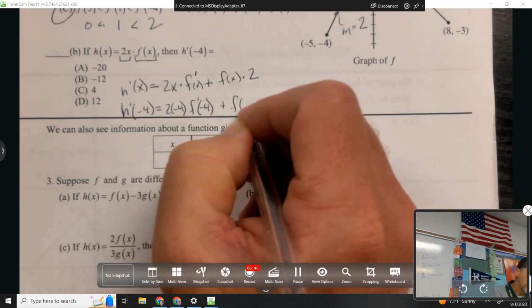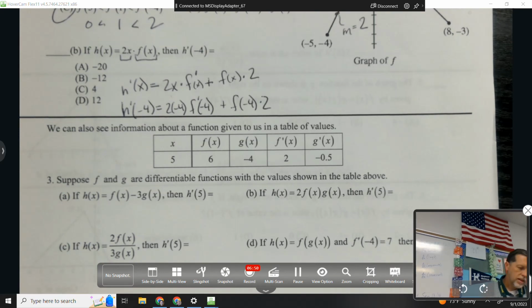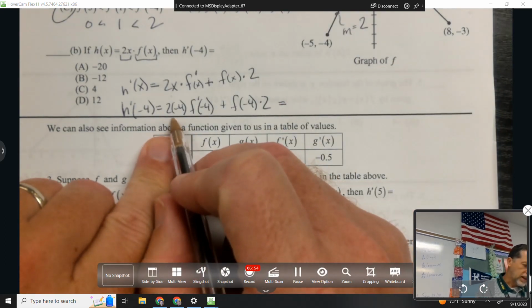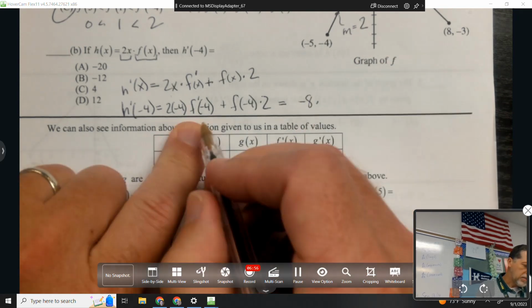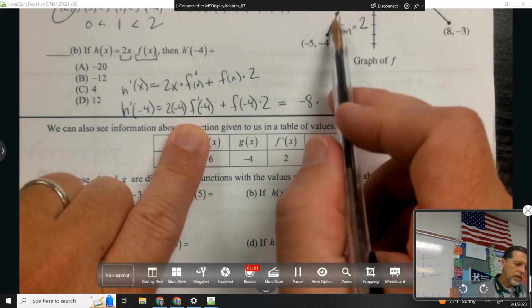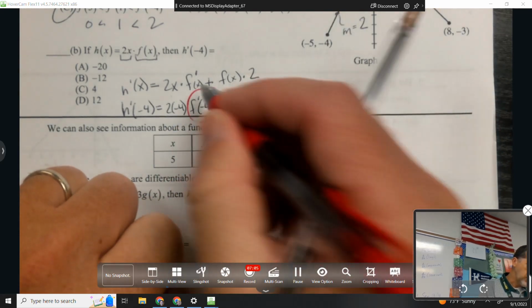And then h prime at -4 means plug in -4 for x and see what happens. There were a couple problems kind of like this on the last test. So let's see, -8 times f prime at -4. That would be this slope, which we already found out was 2.